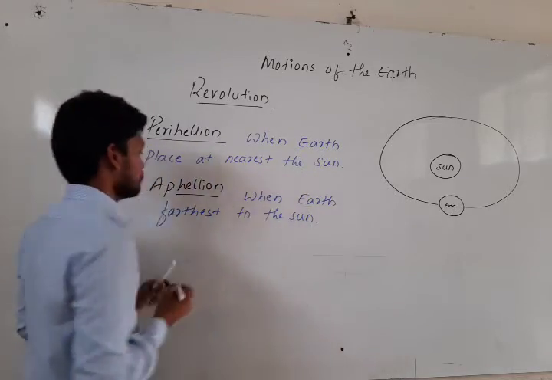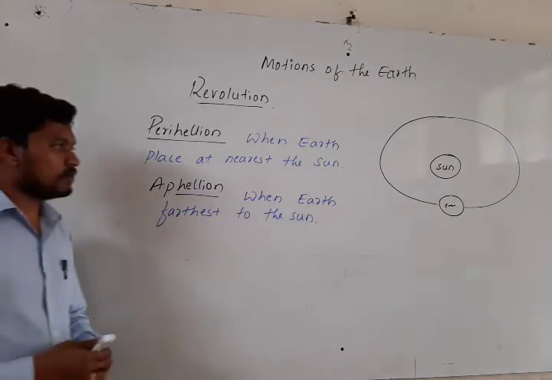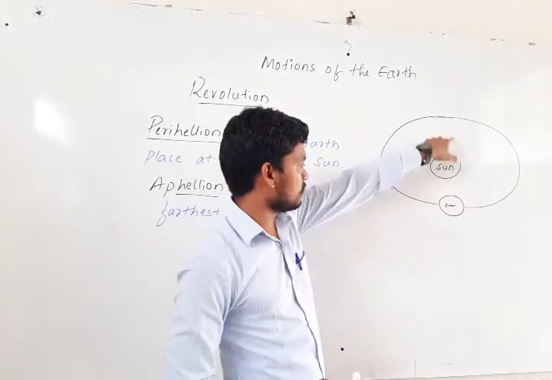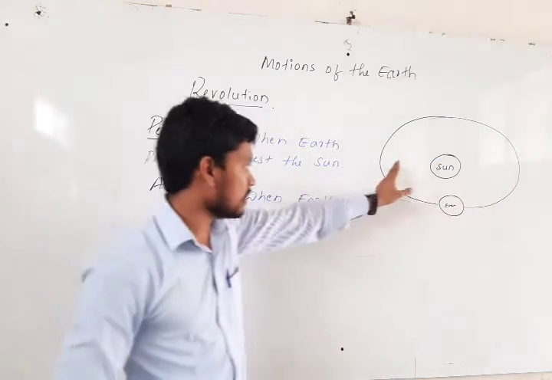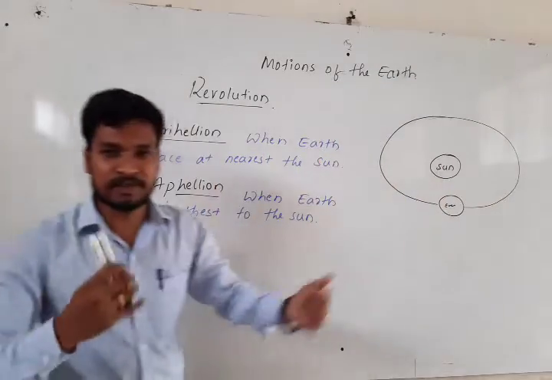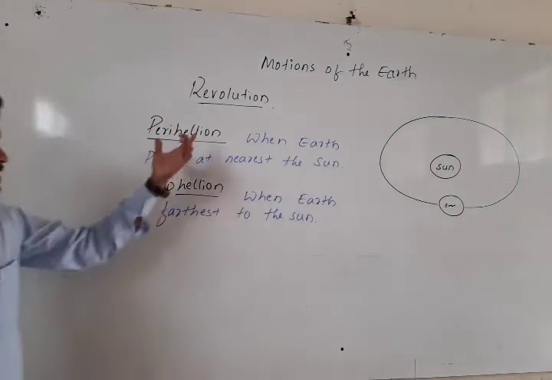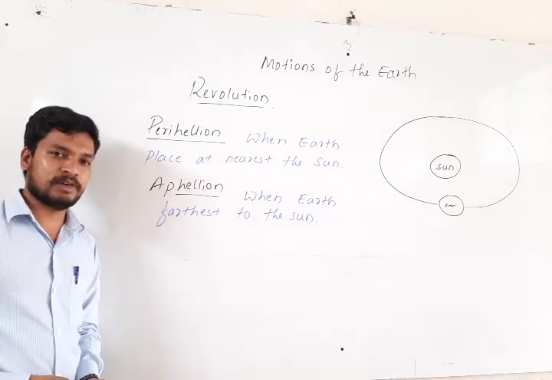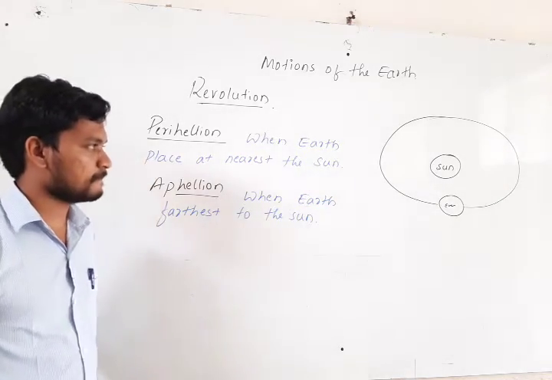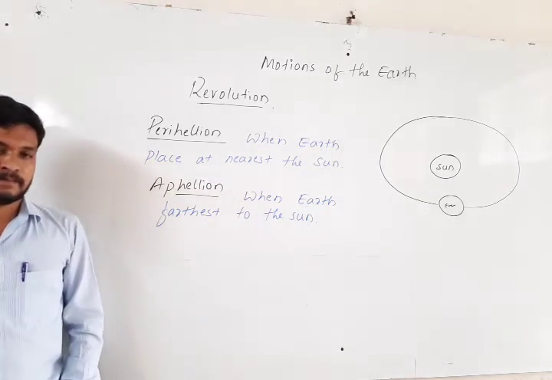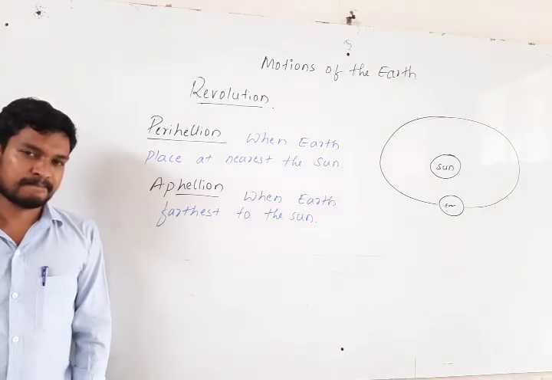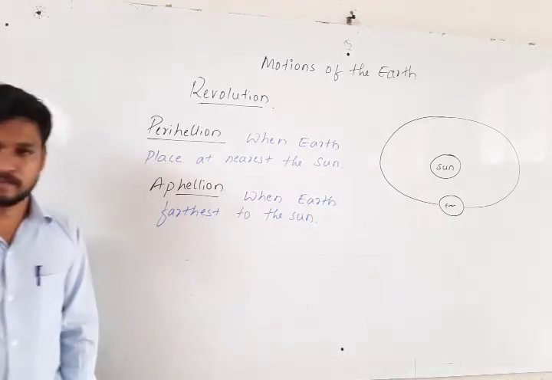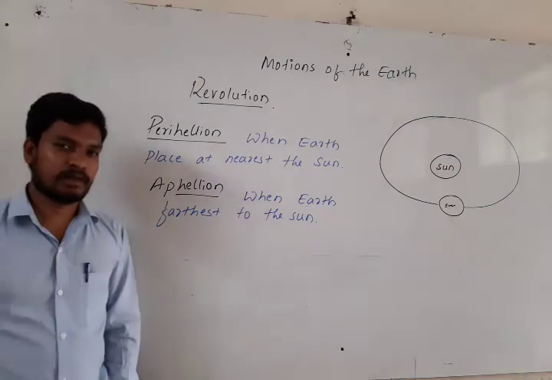So twice in a year we will be placed near the sun, and twice in a year we will be placed away from the sun. So this is called with different terms. Is that all?